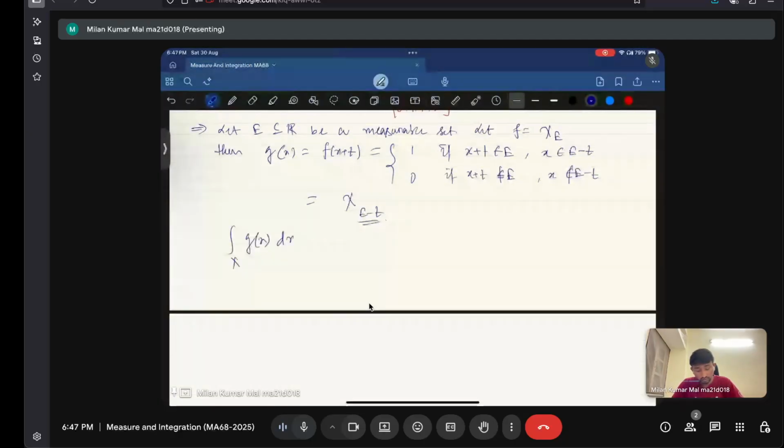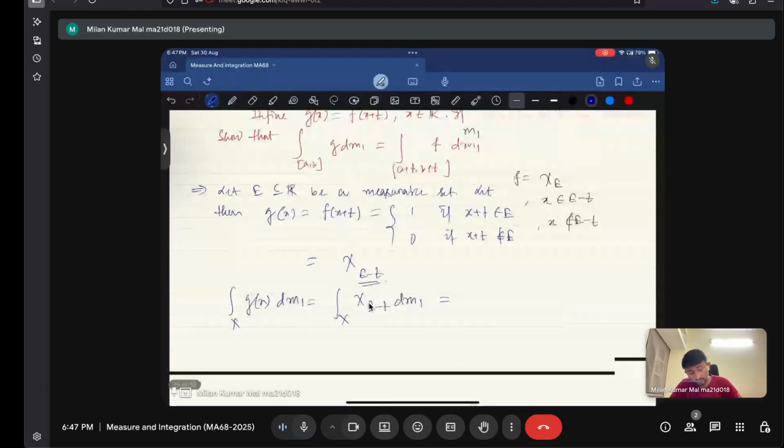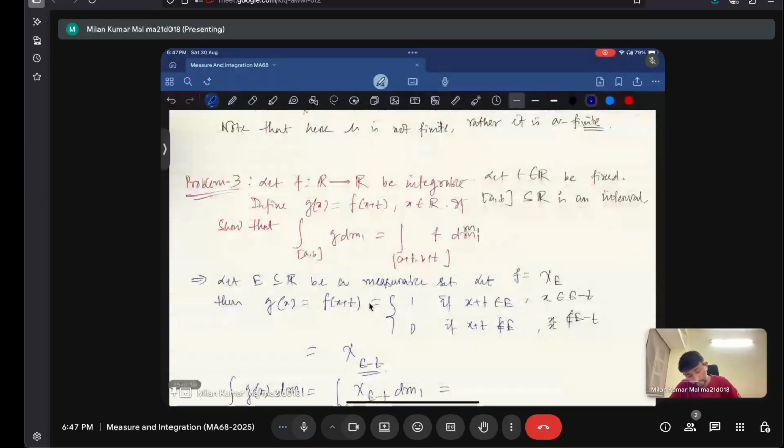Here x ranges over a to b, not the full line. This equals the measure of the set (a,b) intersection (E minus t).